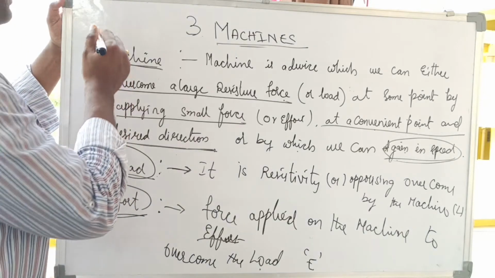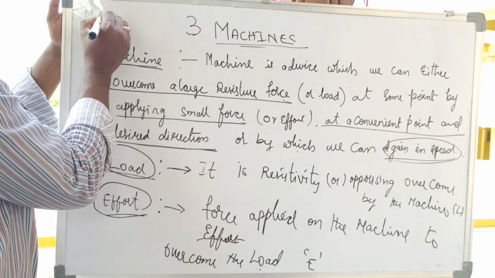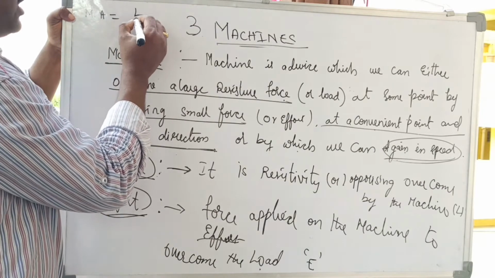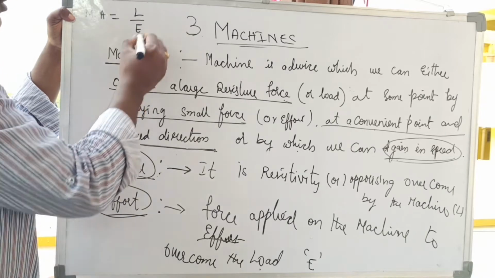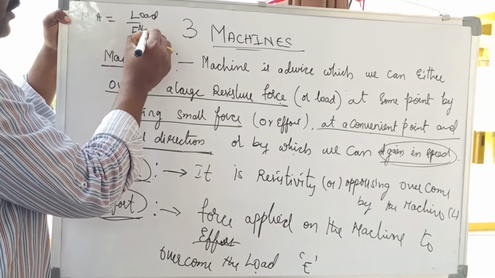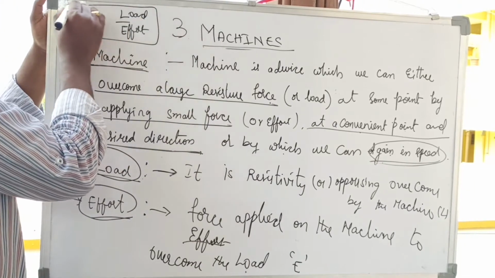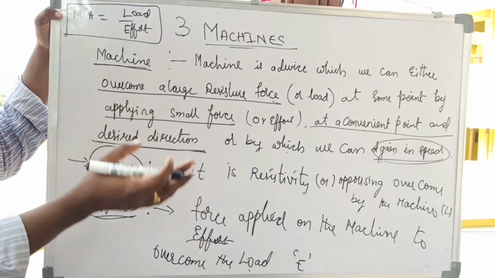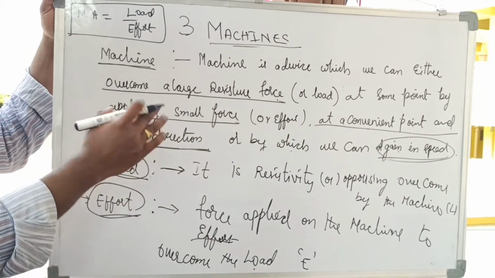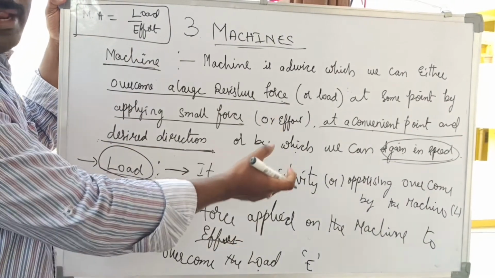So we have the mechanical advantage. What is the mechanical advantage? It is the ratio of load to the effort. Load by effort. By this mechanical advantage, we will say that the machine is a force multiplier, or it is a change in direction, or it is a gain in speed.